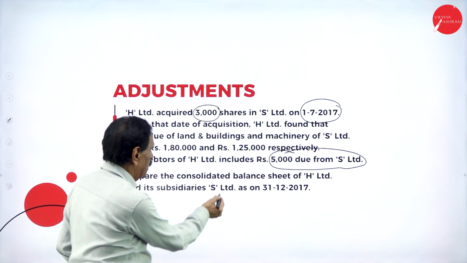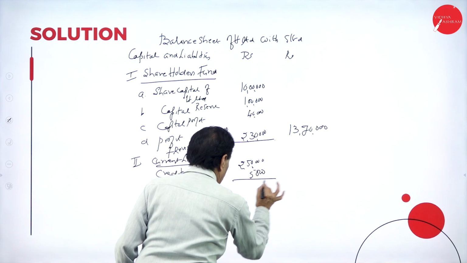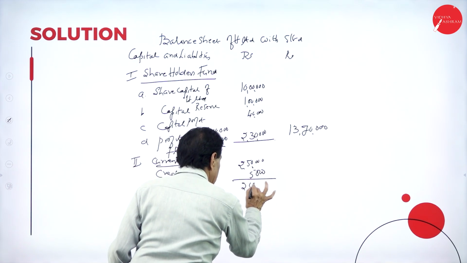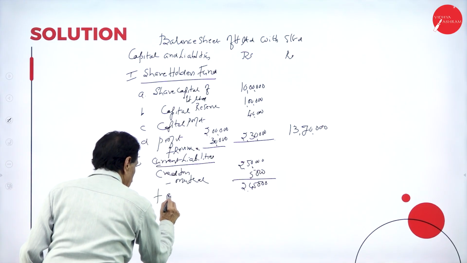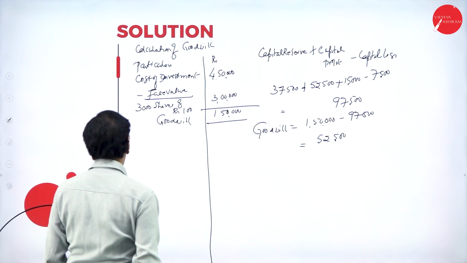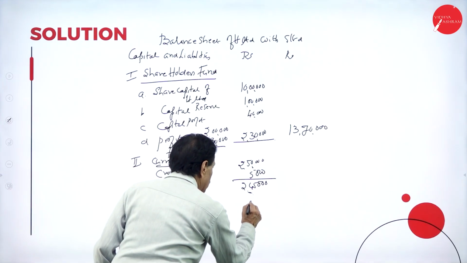Mutual is how much? 5,000. 2 lakh 45,000 plus BP. What's the value of BP? 50 plus 20, 70,000.